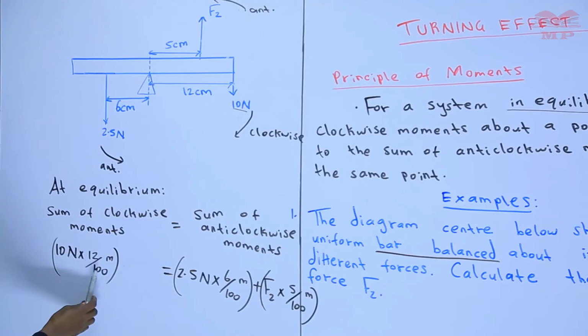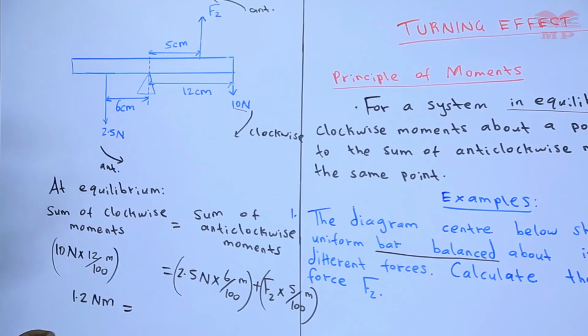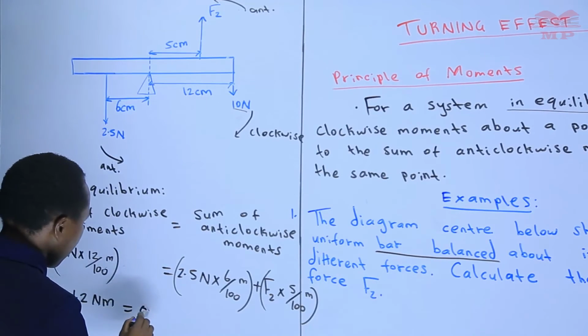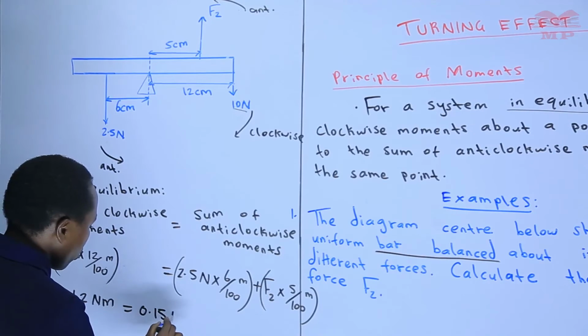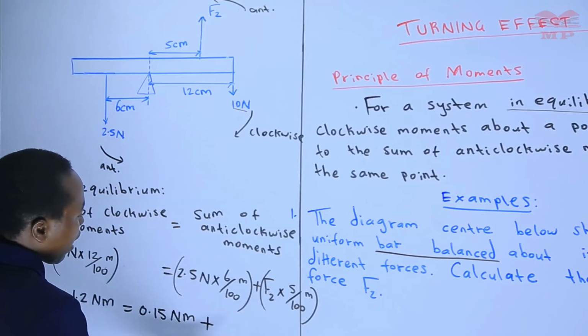So we can solve this. We can cancel this by this. So we have 12 over 10, which is 1.2 Newton meters, is equal to 2.5 multiplied by 6 divided by 100. We end up getting 0.15 Newton meters, plus F2 times 5 over 100 meters.